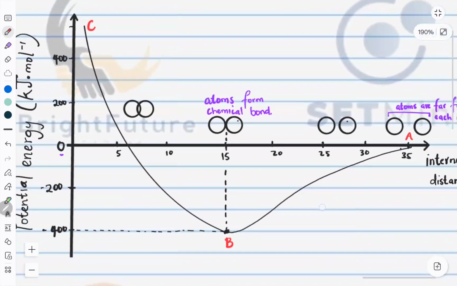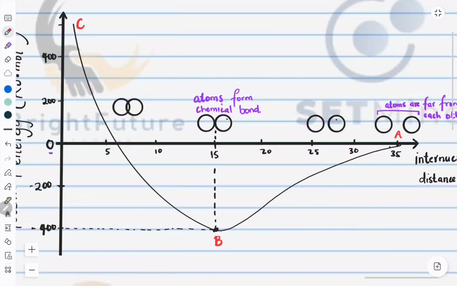Right, so let's say from point B to C, there we have repulsive forces dominating now. So from point A to B, we have attraction forces dominating. Then from B to C, we have repulsive forces dominating. All right.